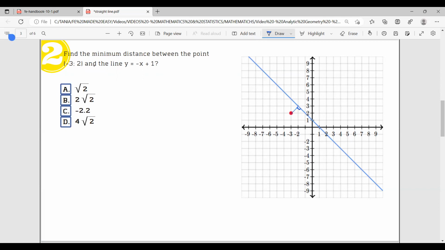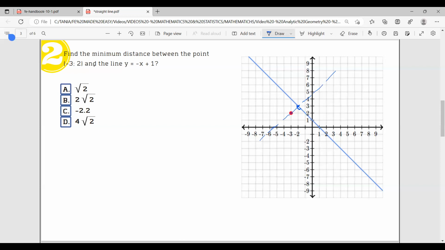That's the smallest distance. If you think about it, in order to solve this, this point will intersect this line in another point. And if we elongate it, this is actually another line that goes through these two points.